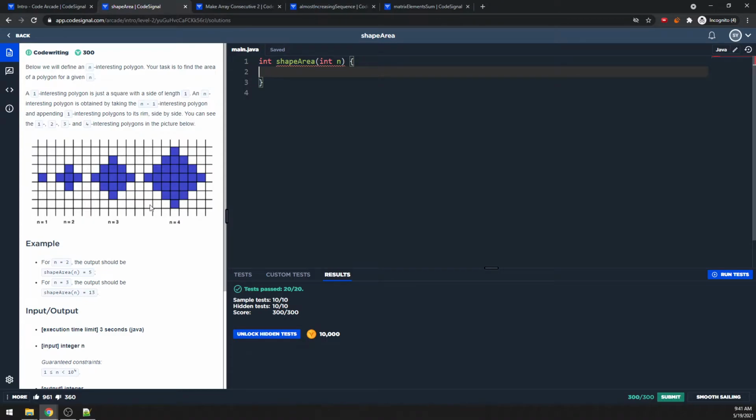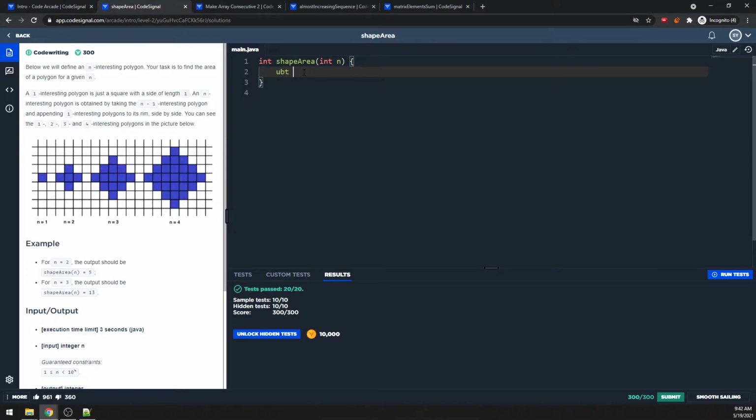If you notice, the base of the triangle starts from n minus 1. When n equals 3, the base of the triangle is 2, then 1, and when n equals 4, the base is 3, then 2, then 1. The pattern is the same in each corner. So when we find one, we multiply by 4 and subtract from the total area.